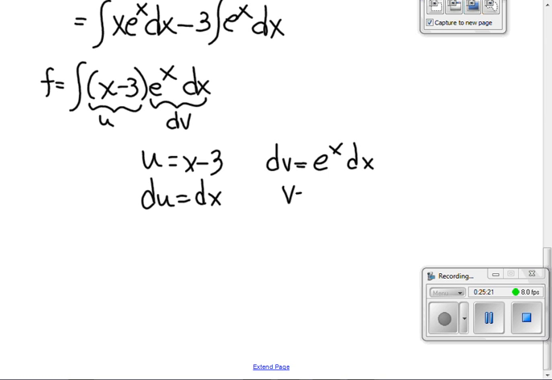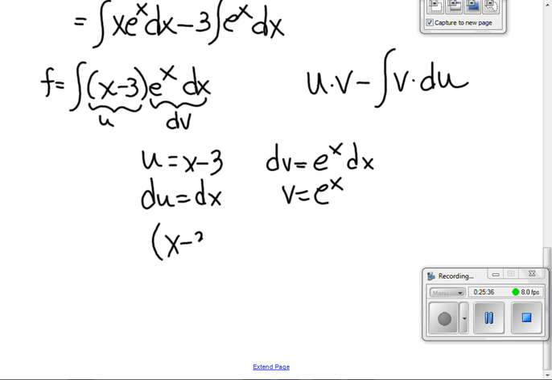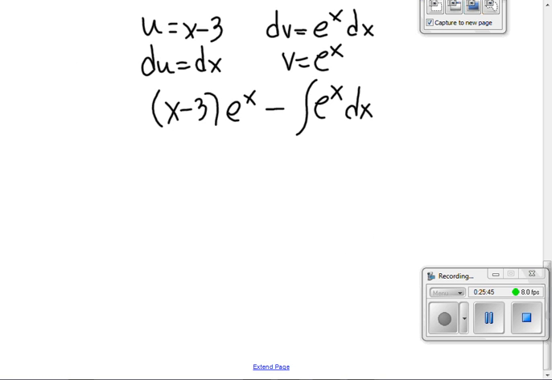What's v? e to the x. So it's u times v, so it's x minus 3 e to the x, minus e to the x times du. x minus 3 e to the x, minus e to the x plus c, and this is f.